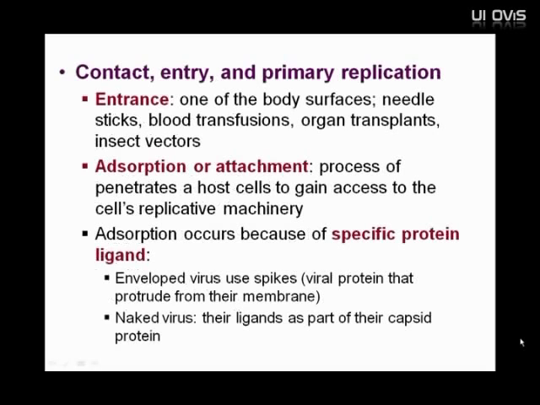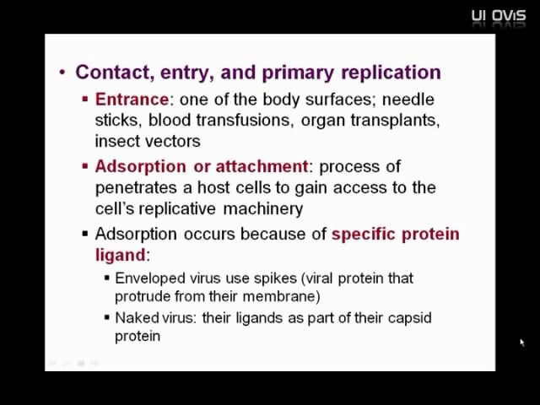This slide tells you how the virus enters the body, and then attaches to the host cells. Adsorption or attachment is a process of penetrating the host cell to gain access to the cell's replicative machinery, and this will happen if the virus has a specific protein ligand.